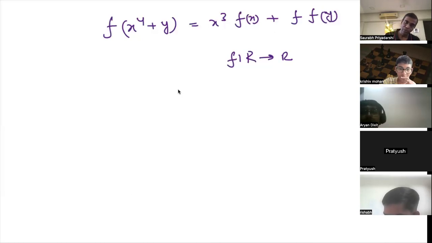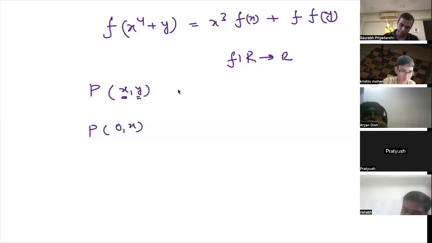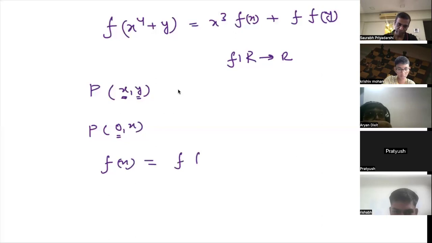So you know that if you have to put values in place of x and y, this is P(x, y). The first operation I'm taking is P(0, x), so in place of x I put 0, and in place of y I put x. So f of x is equal to f of x.